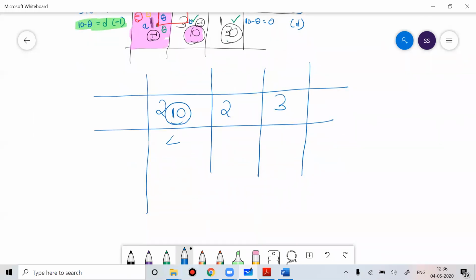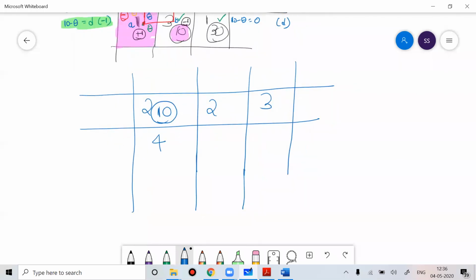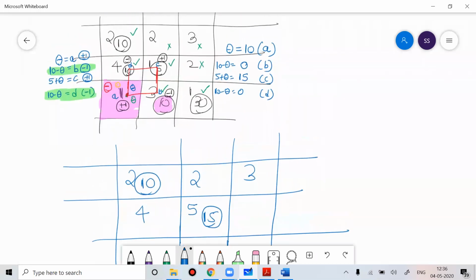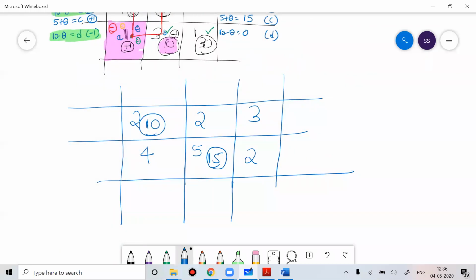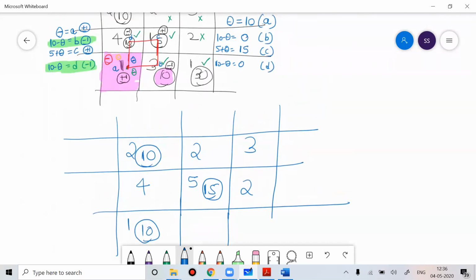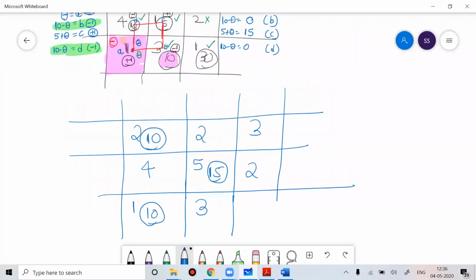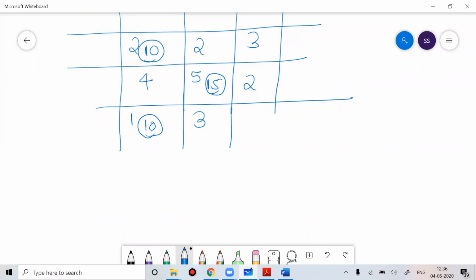Then 4. 4 had the value 10 which you took, 5 becomes 15. Now this is 2. Now this was 1, 1 becomes 10. Now this is 3, 3 also becomes 0, and 1 is 30.